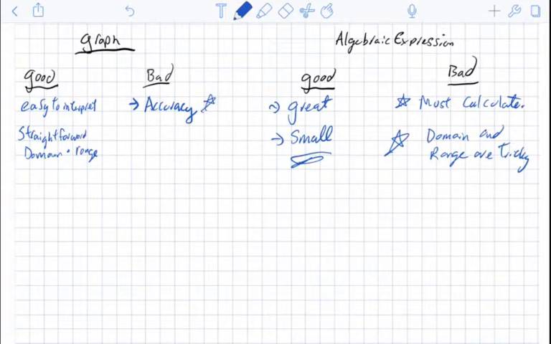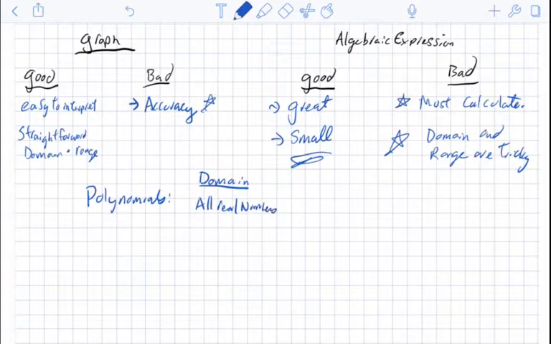Okay, so one last thing I want to remind you of. Hold on, I'm just reaffirming the domain and range. For polynomials, the domain is all real numbers. Always.